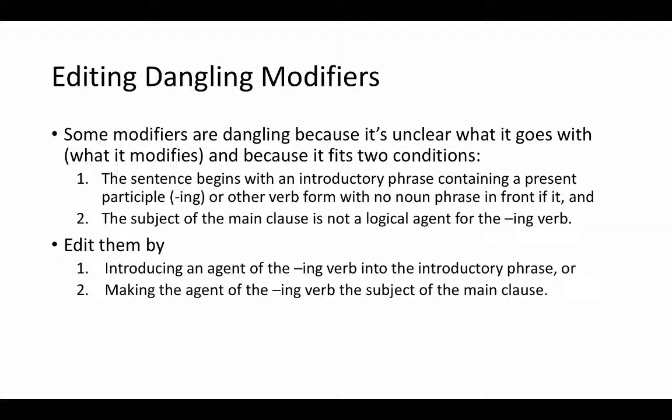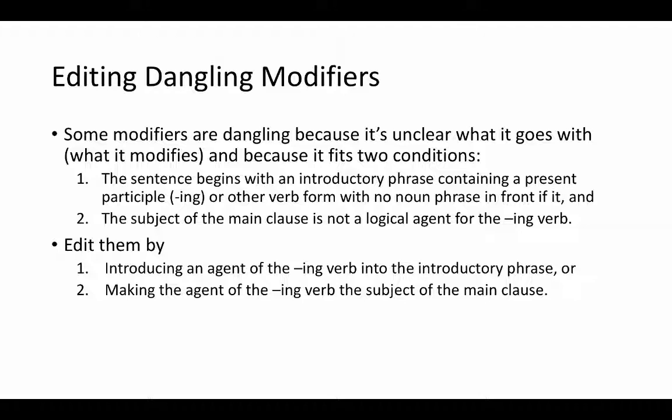Now, some modifiers are dangling. You may have heard of dangling modifiers. Chicago sometimes calls them danglers also. The reason they're dangling is because it's unclear what it goes with, again, and because it fits two conditions. The sentence begins with an introductory phrase containing a present participle.